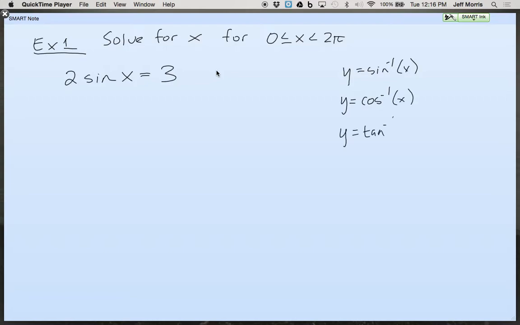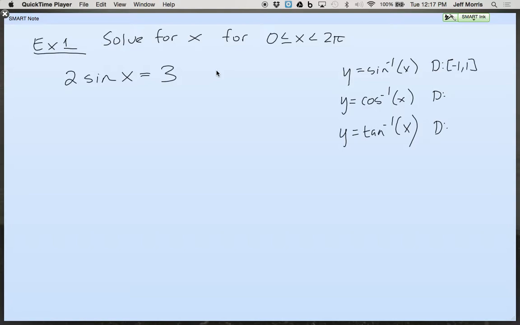These are the only 3 you need to really be responsible for. In Calc 2 and Calc 3, you start doing inverse secant, cosecant, and cotangent, but really it's just extra. You need to know the domain and range here. So let's see if you paid attention yesterday. What was the domain for inverse sine? -1 to 1.